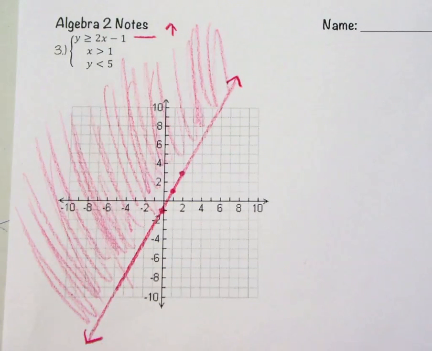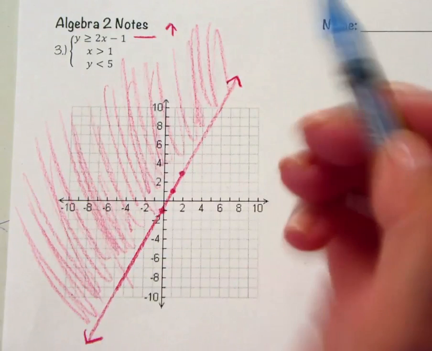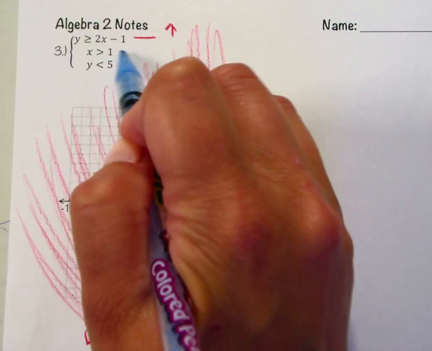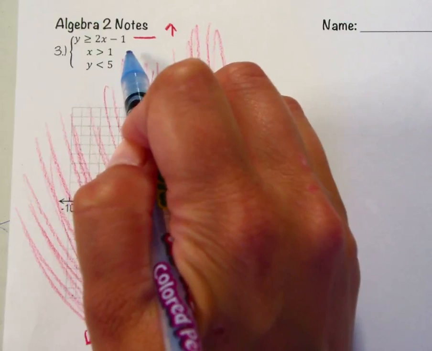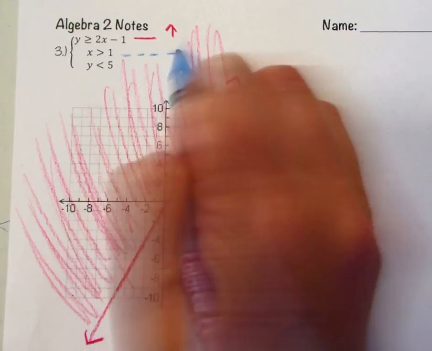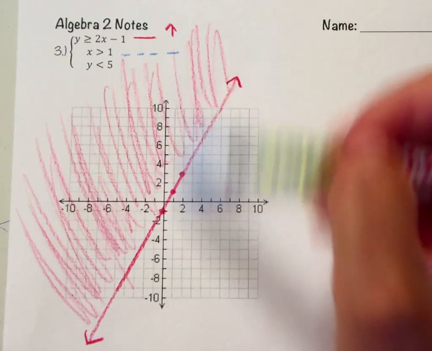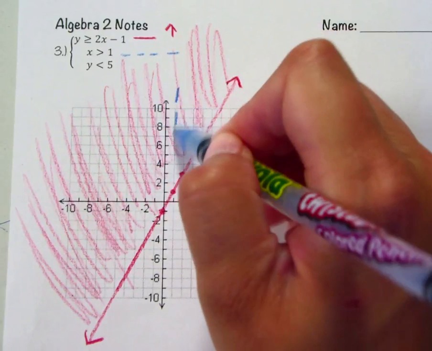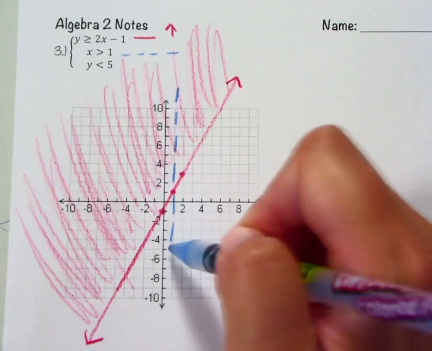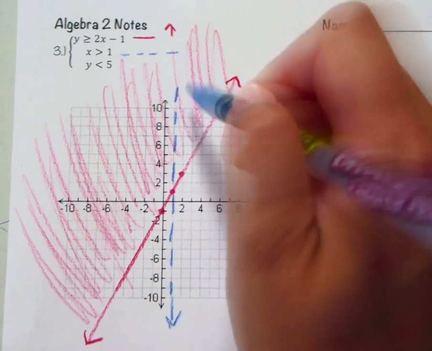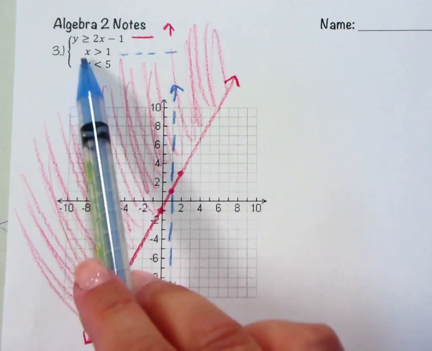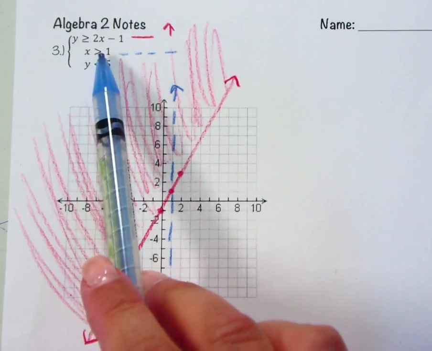Braden, x is greater than 1, solid or dashed? Okay. And so this is another one that's vertical. So if we dash in that vertical line at 1, we want to shade x values that are greater than 1.